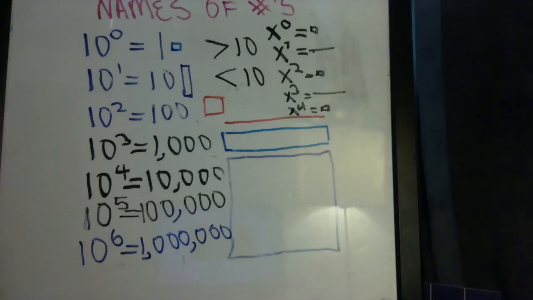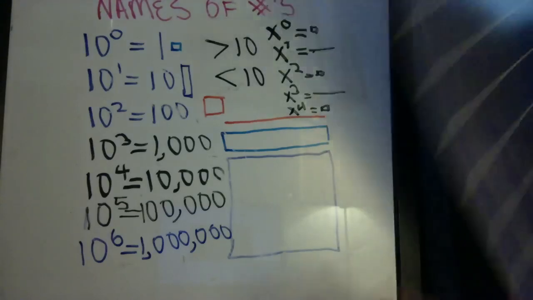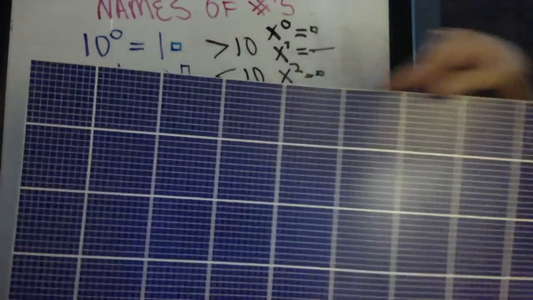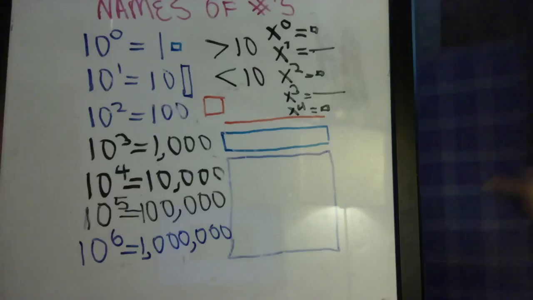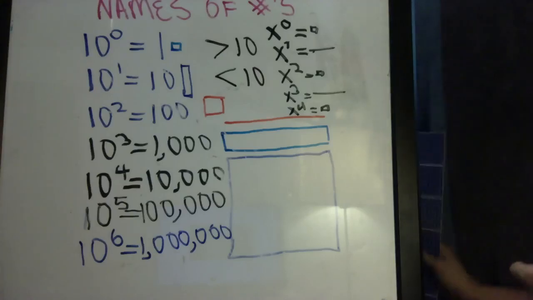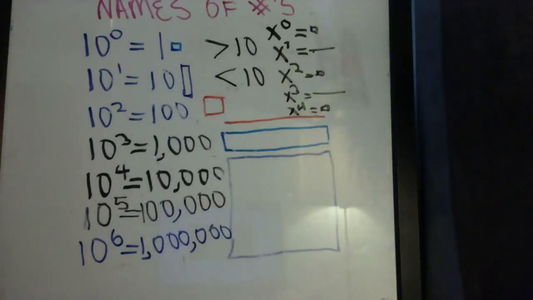So in other words, now we're using our imagination, and this distance is 1,000 long. And 1,000 times 1,000 is 1,000,000.